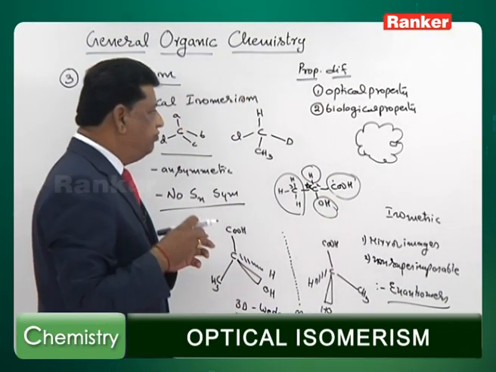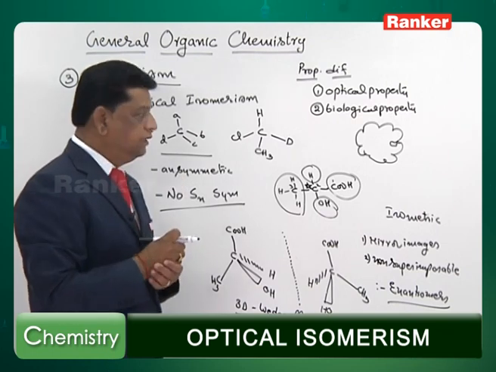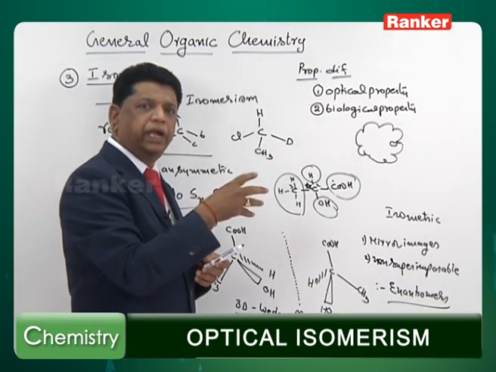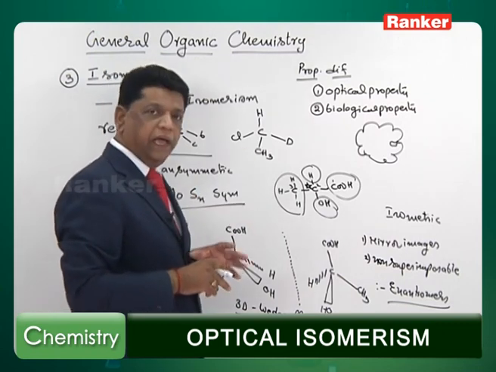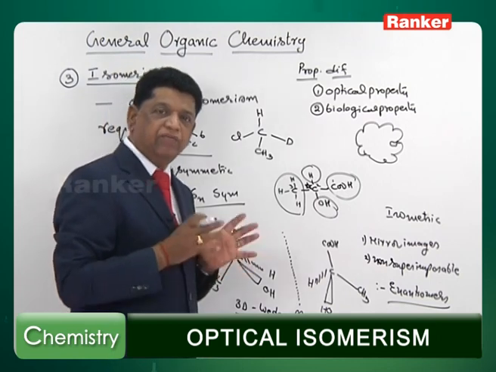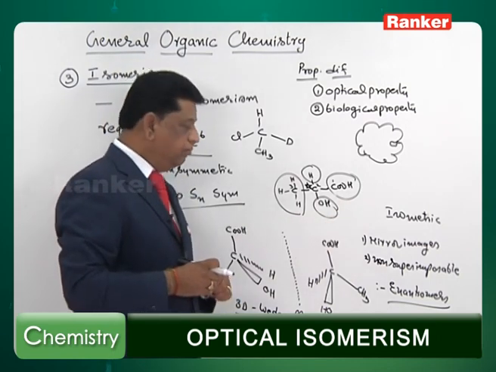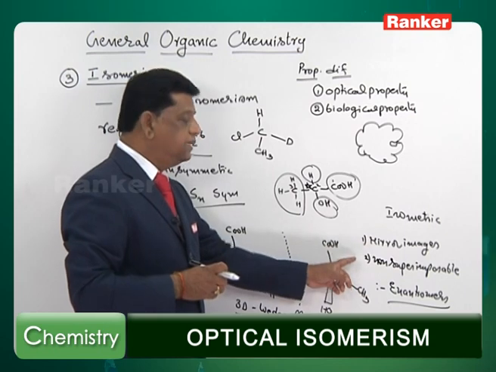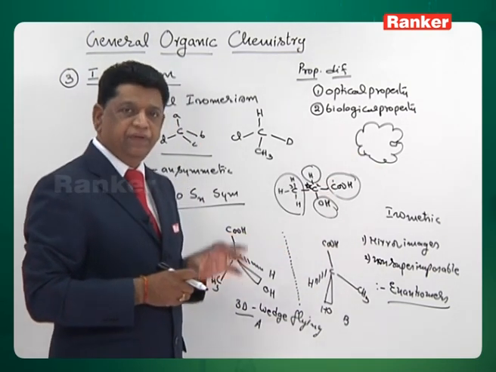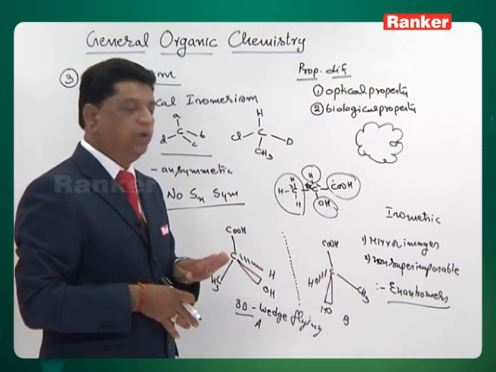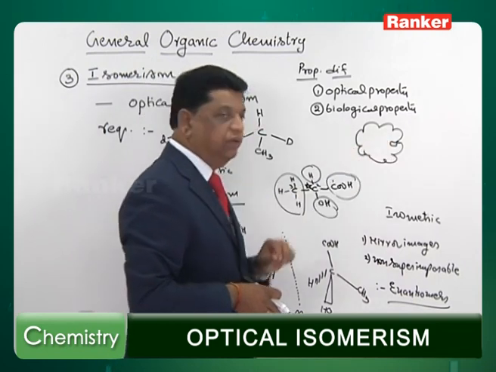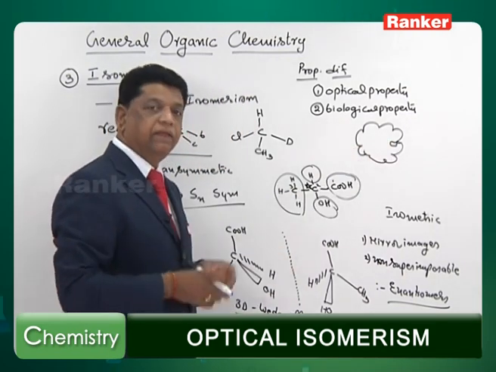Into that, imagine the cave is so specific that a right shoe enters. Can you insert a left shoe into that? No. Now the right shoe and left shoe are isometric, but they are mirror images and non-superimposable. So that means this cave is only specific for the right shoe but not the left shoe. So one lactic acid, for example, enters into this one, but the other lactic acid will not enter.